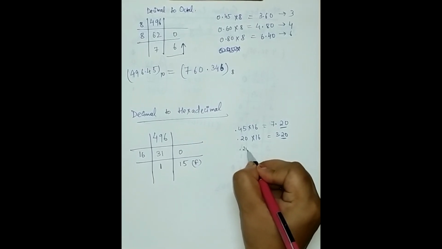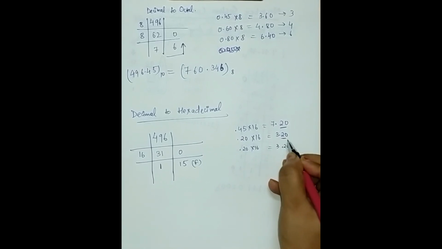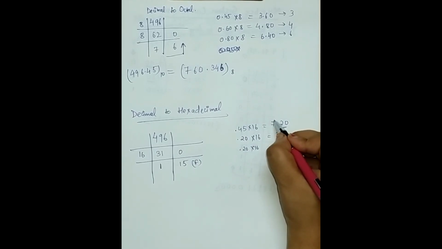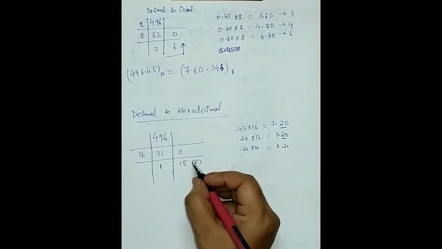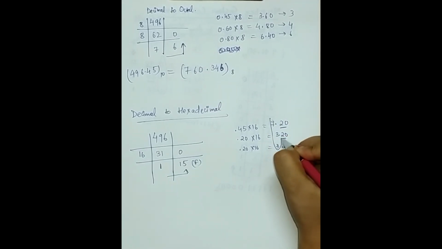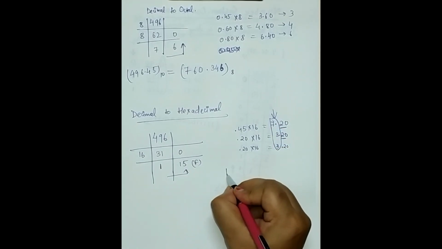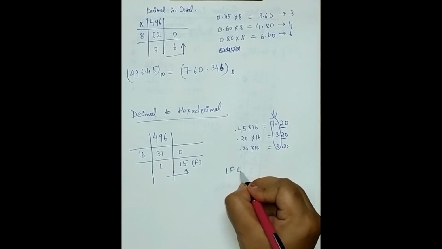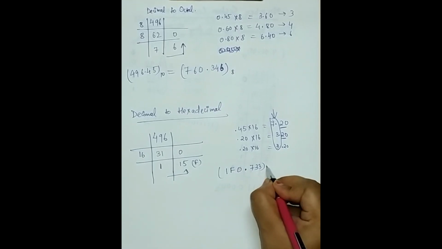So 0.20 into 16 again gives 3.20, so no need to go further because it is repeating. Again you will consider these values from top to bottom and these values from bottom to top. So what will be my answer? My answer will be 1F.733 to the base 16.